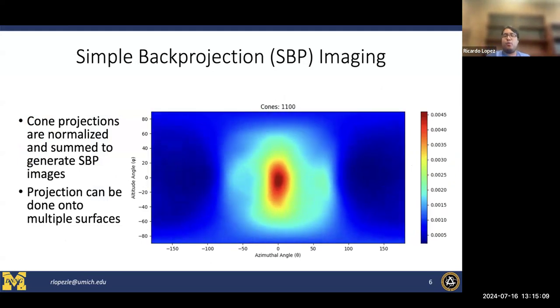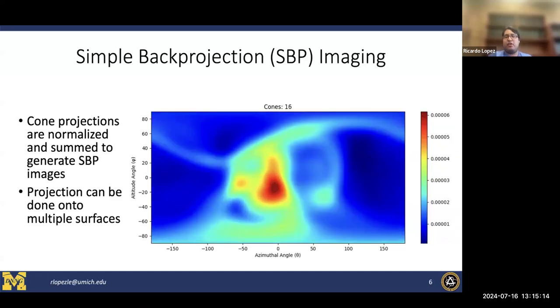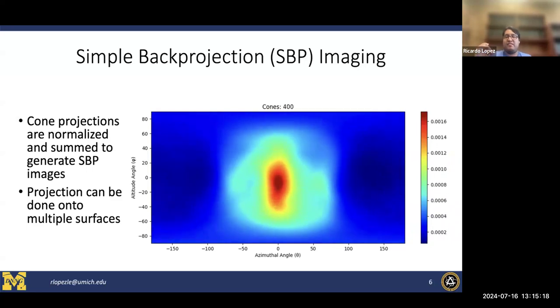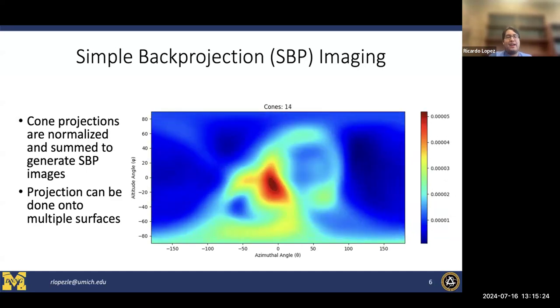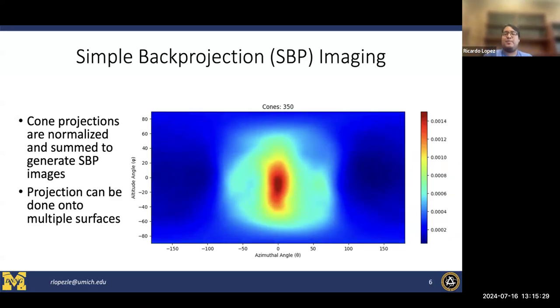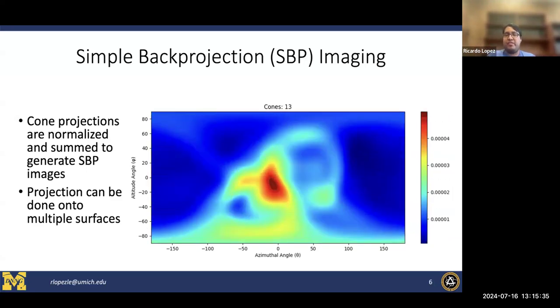As we add more imageable events, i.e. cones, you can see that slowly but surely we do end up converging at a more precise location according to this heat map on the looping video. You can also note that when we have a low number of cones, or rather low statistics, this hotspot is not very well defined, and it's also shifting pretty significantly within this field of view.